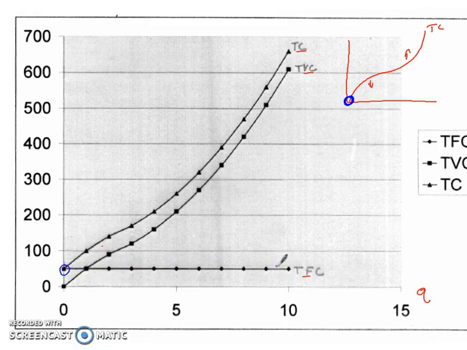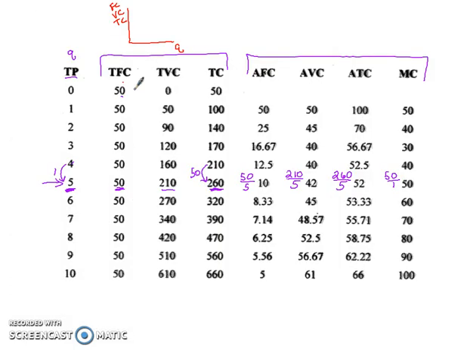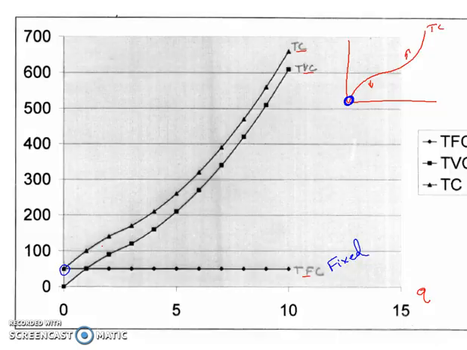Now notice the fixed costs are the same all the way across. That makes sense because the fixed costs, well, they're fixed. And in our example, the fixed costs are equal to 50 all along the way. So the fixed costs, boom, there they are, 50 all the way along.